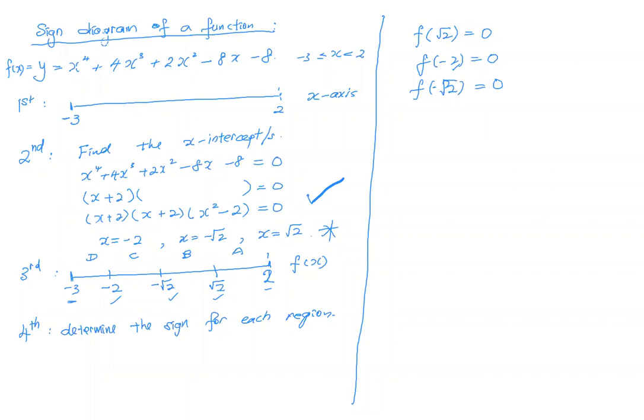Okay, so now we want to determine the sign. How do we determine the sign? So for region A, I have to substitute a value of x into the function to get the value of y. So what value of x will I use for region A?